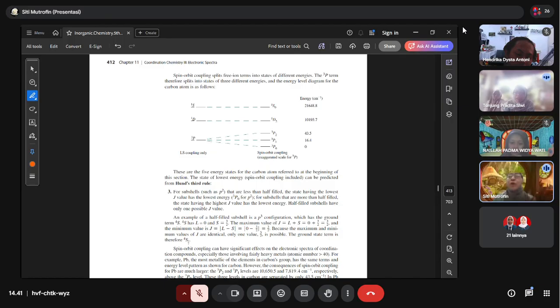You have to follow the first Hund's rule: among the free ion terms, the term that has the highest spin multiplicity value must be put as the lowest energy state. So among 3P, 1D, and 1S, the P has the highest spin multiplicity, that is 3. You have to check here.